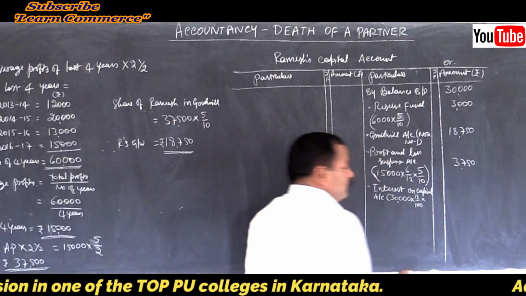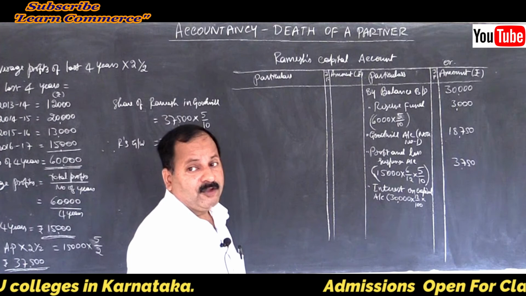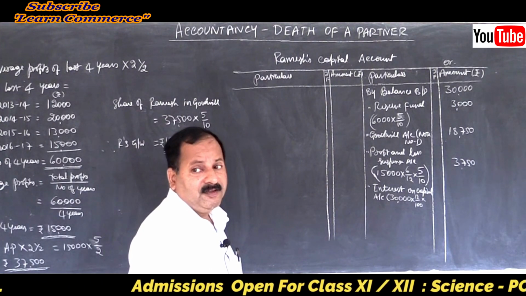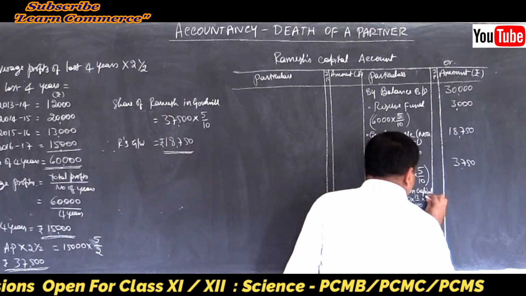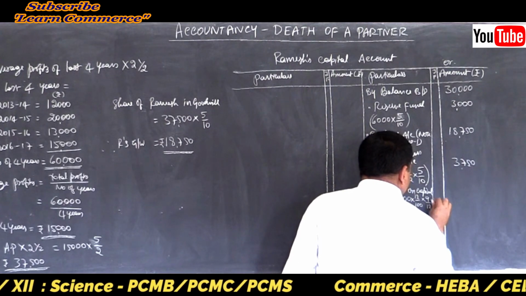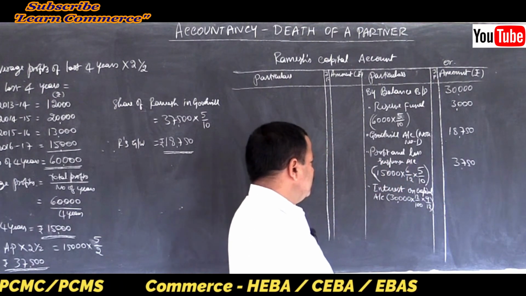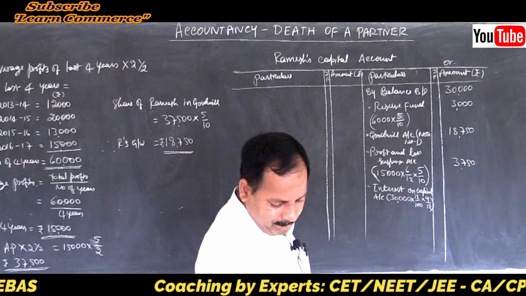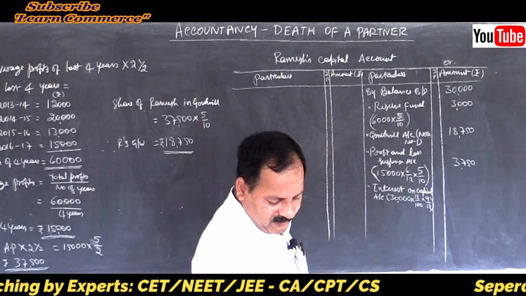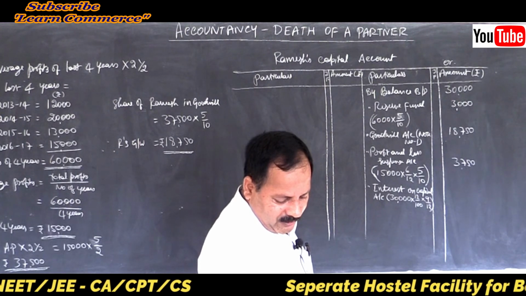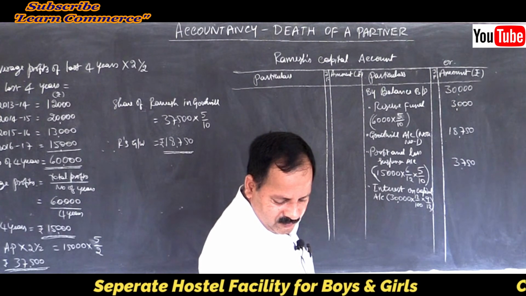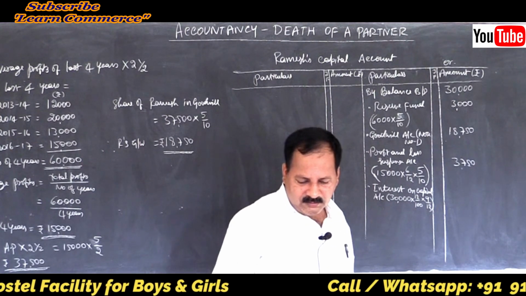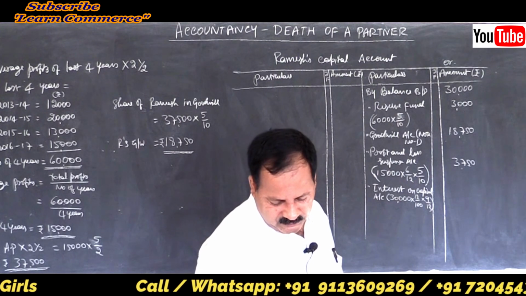12%. For how many months was the capital in the business? For 9 months only. So 9 by 12, right? So calculate it, simplify. How much will it come to?